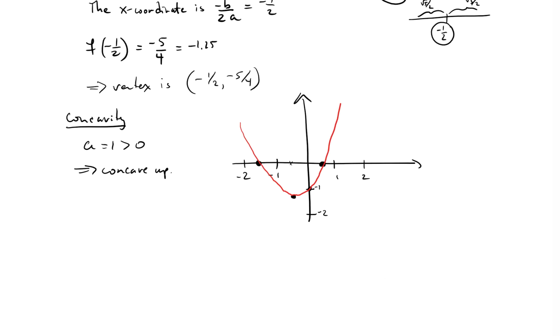And then we can indicate the coordinates of our points. So this is here 0, minus 1. This one is minus 1 plus root 5 over 2, 0. This is minus 1 minus root 5 over 2, 0. The vertex is minus a half, minus 5/4. And that's it.